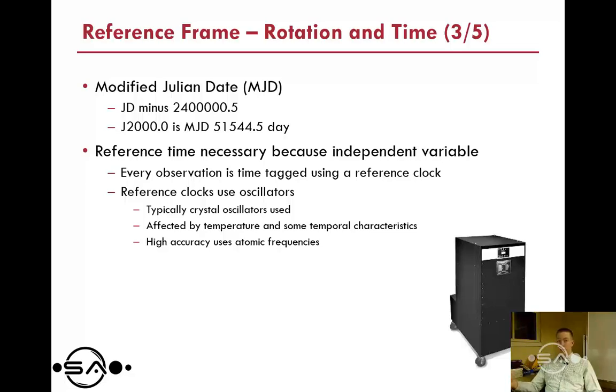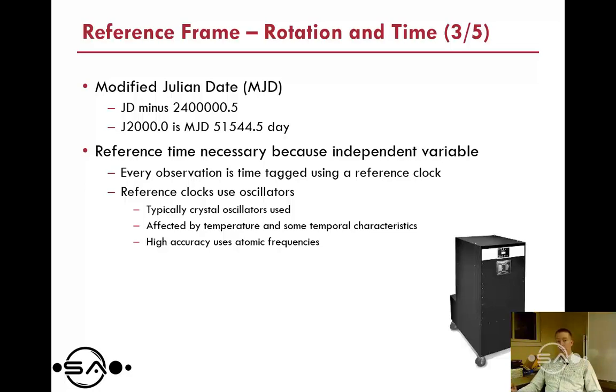And so J2000 and the modified Julian date would be 51,544 and a half days. Remember our 12 hours. So we need a reference time because time is our independent variable. It's literally the independent variable for all the solution of the equations of motion.